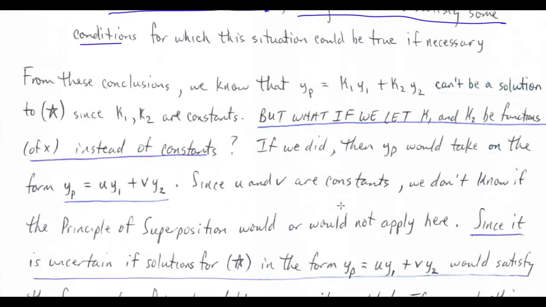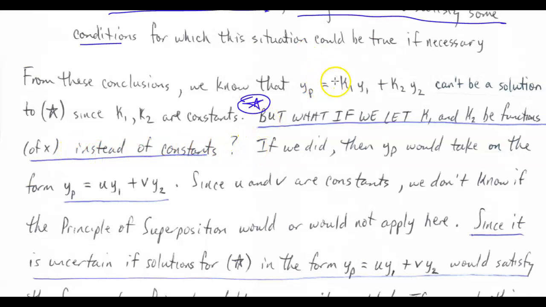Now, from these conclusions, we know that our y sub p is not going to be able to be expressed this way and be a solution. But, and here's where the derivation process starts. But what if we let k1 and k2 be functions of x instead of constants? Okay.